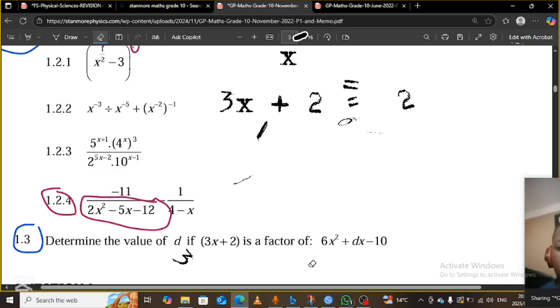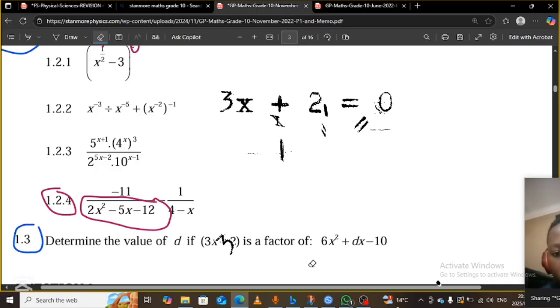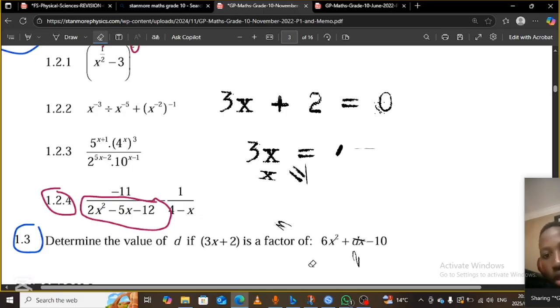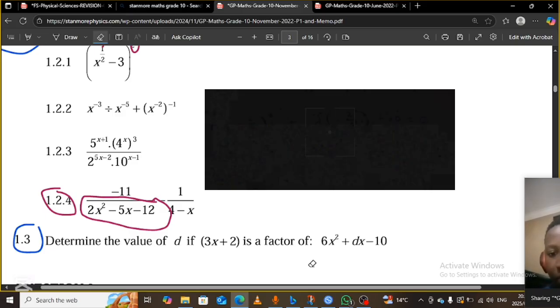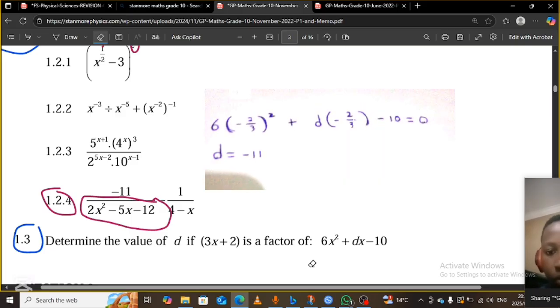Then I transposed plus 2 to the other side, so it becomes negative. Then divided it. X was equal to negative 2 over 3. Then took the whole graph and equated it to 0. And then you got your D equals negative 11, right?